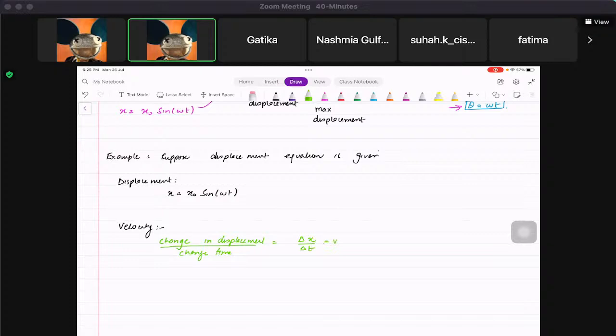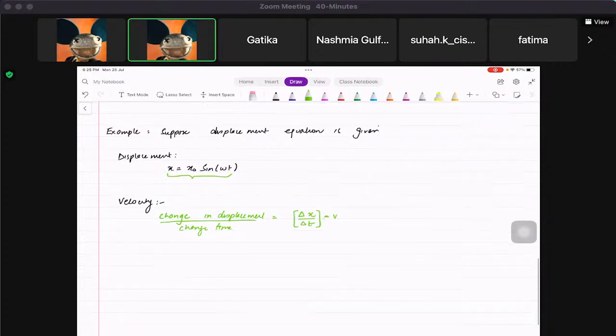So this means that if I find the gradient of this, it is going to give me the velocity, right? Now I have the equation, so I'm going to write change in x over change in t, which is velocity. Now I'm going to change this. Look at the function, right? I am changing this x with respect to this t.